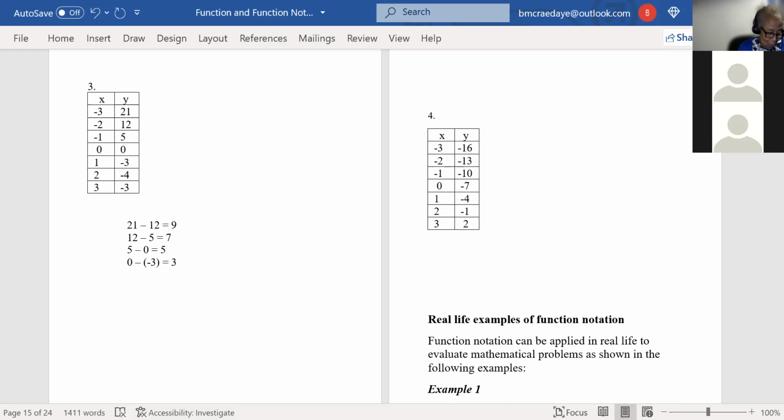So 3 minus a minus 4. What is that equal to?